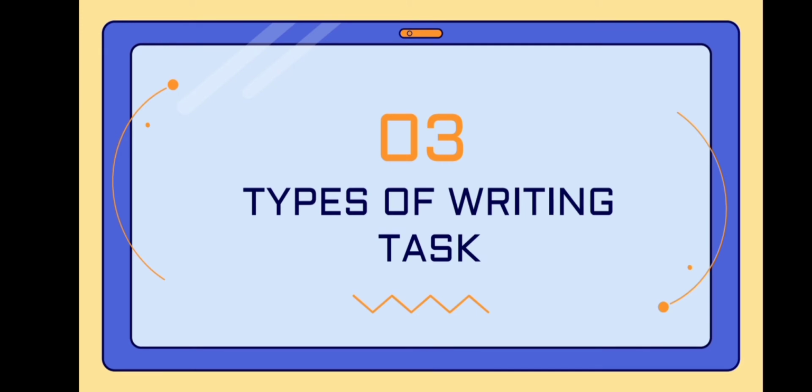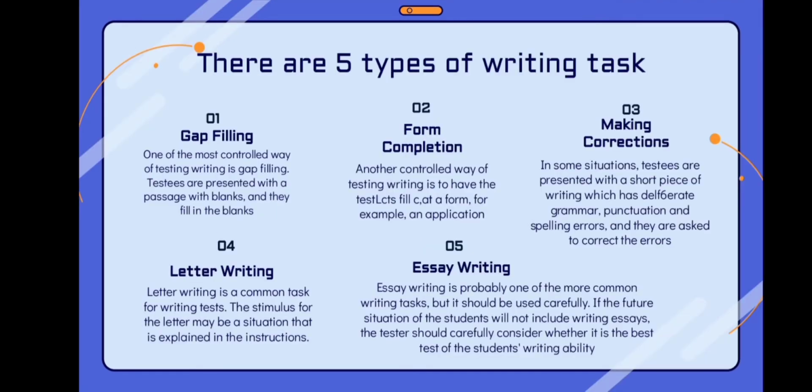Okay, here I will explain about types of writing tasks. There are five types of writing tasks, and the first is gap filling. One of the most controlled ways of testing writing is gap filling. Testees are presented with a passage with blanks, and they fill in the blanks.